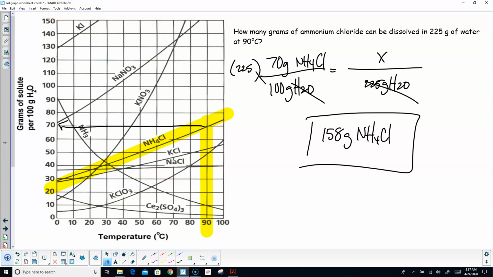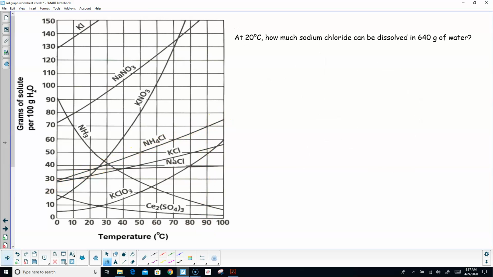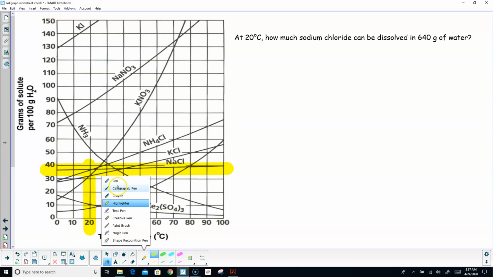Number 12 says at 20 Celsius how much sodium chloride can be dissolved in 640 grams of water. So we need to look at sodium chloride, which is this, it doesn't change very much. And we said 20 Celsius, so it looks to me like maybe 38.